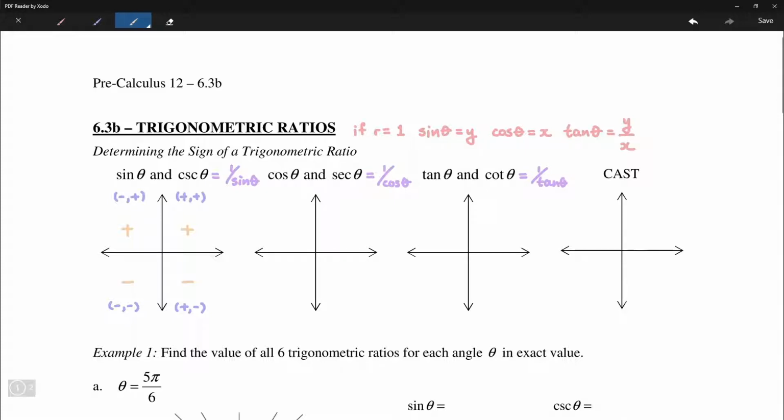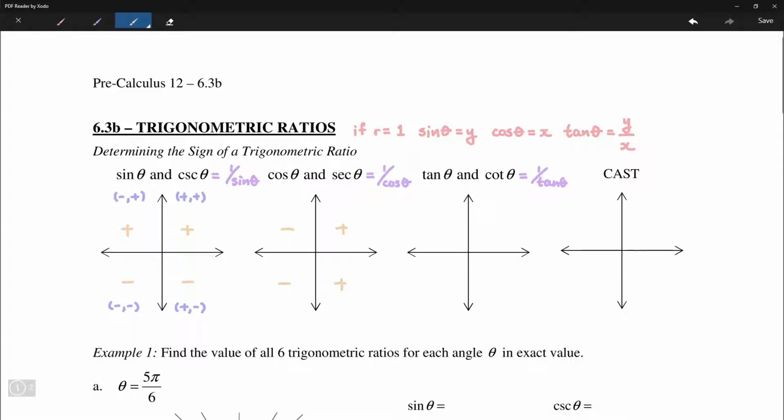So for cosine, we know that once again in quadrant 1, it will be positive, cosine theta and secant theta. In quadrant 2, they will be negative. In quadrant 3, again, they will both be negative. And finally, in quadrant 4, because the x values are positive there, so will cosine theta and secant theta be positive.